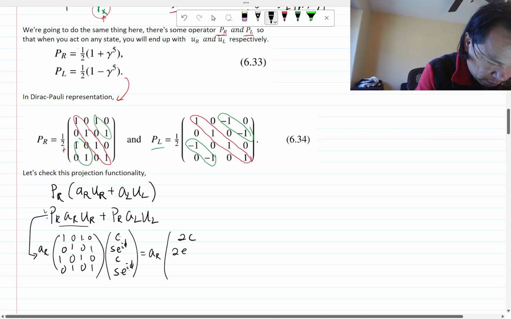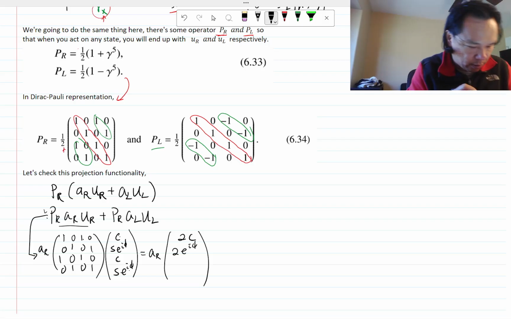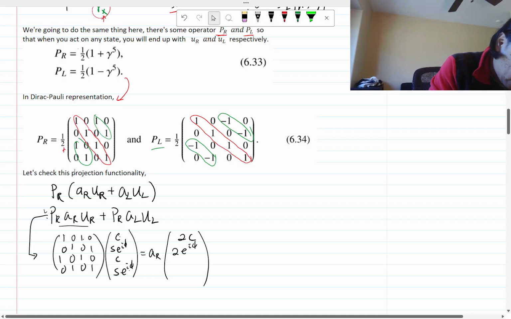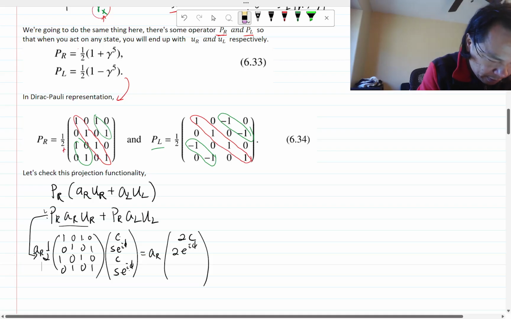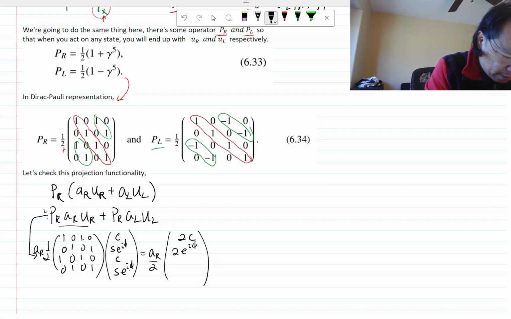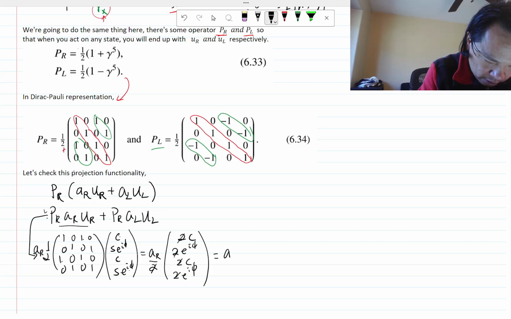You get basically 2 e^{i phi} there. I think now you're seeing why there's a 1/2 in front, which I forgot actually: AR times 1/2. Now similarly, you're going to get 2 times C here, and 2 times e^{i phi} there. The 2's actually cancel out.